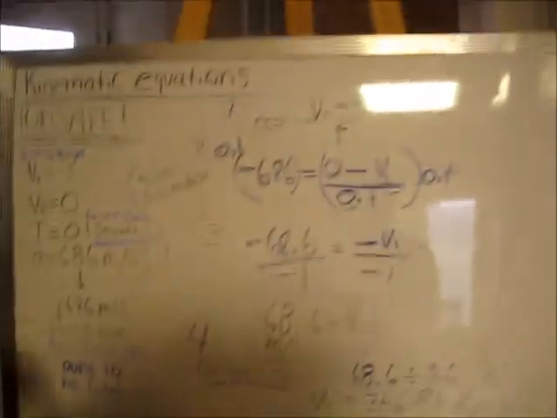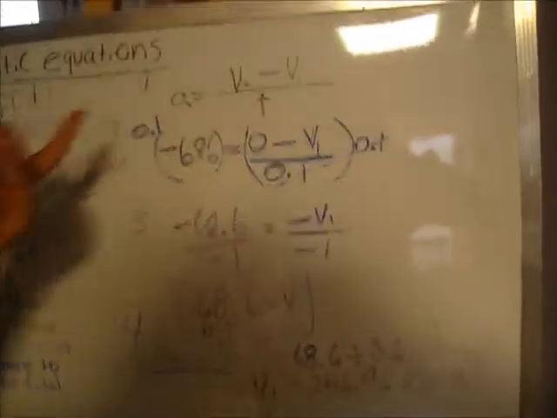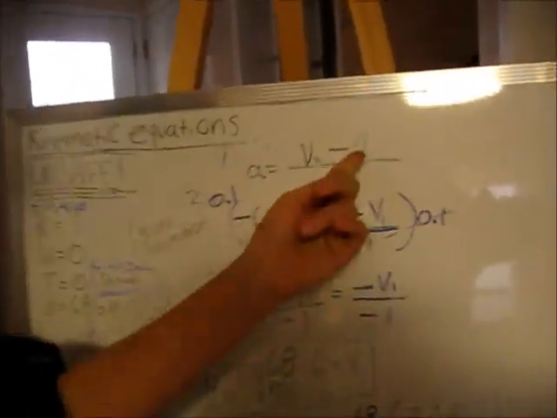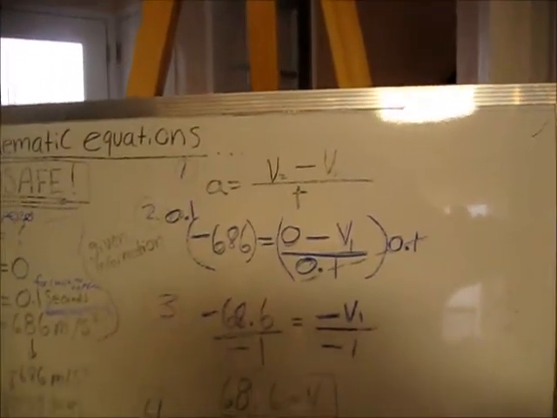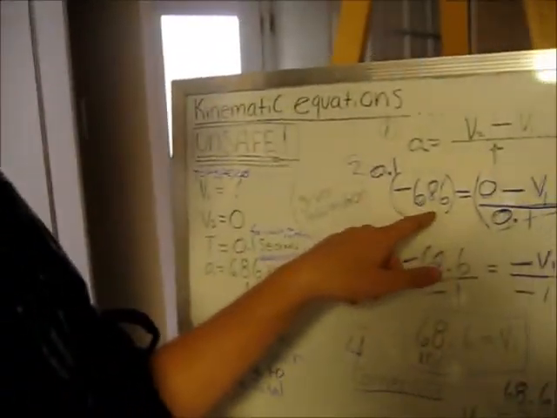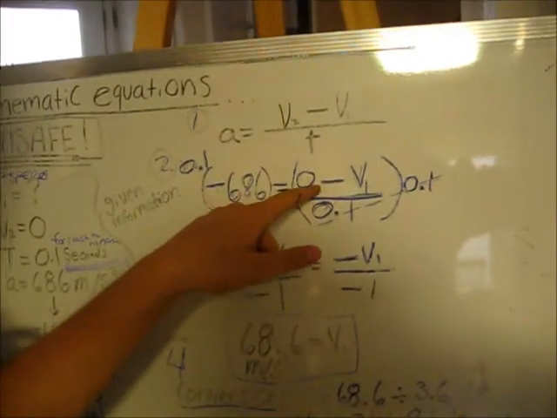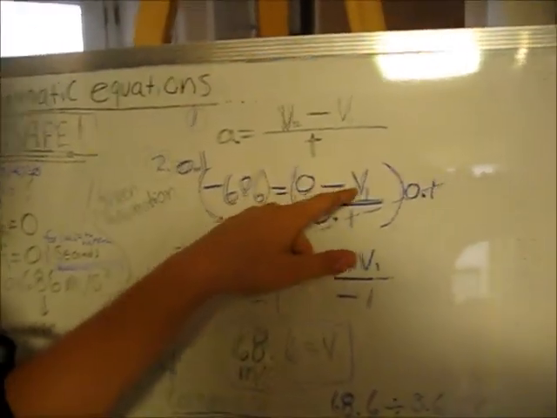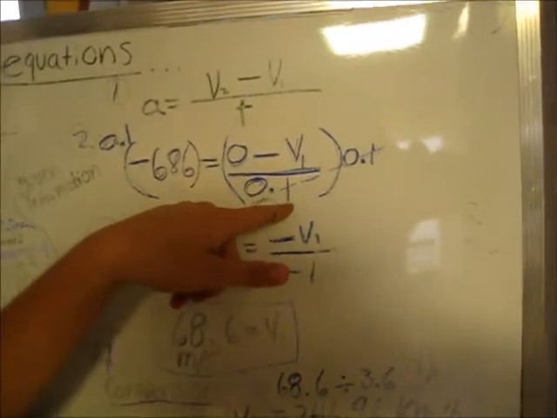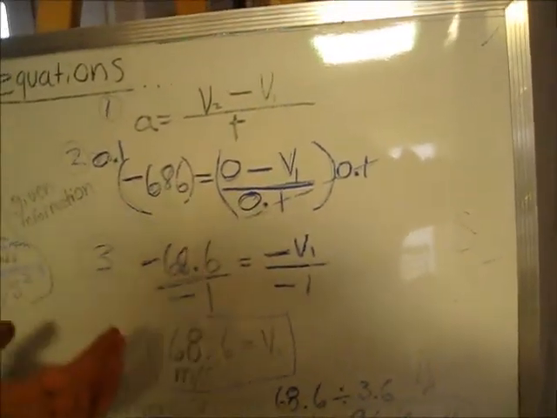So this acceleration is found to be fatal. Now we have to find the kinematics equation that will give us our top speed, which is V1. So we plug in our numbers. We have negative 686 as our acceleration, 0 for our V2, minus V1, which is our unknown, over 0.1 seconds. So we're going to do a little algebra.